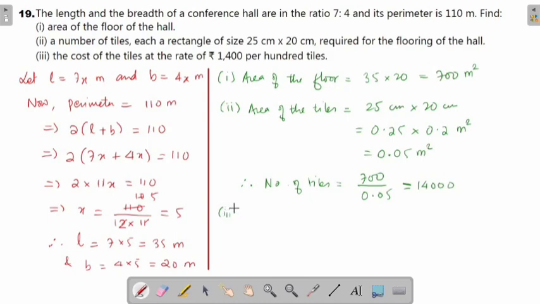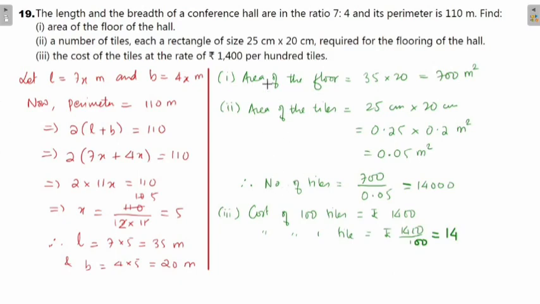Number 3, question is asking you to see cost of 100 tiles. Okay, so cost of 100 tiles is equals to rupees 1400. Okay, so that means cost of one tile will be rupees 1400 divided by 100, which is 14, right? And question is asking you to find cost of how many tiles?